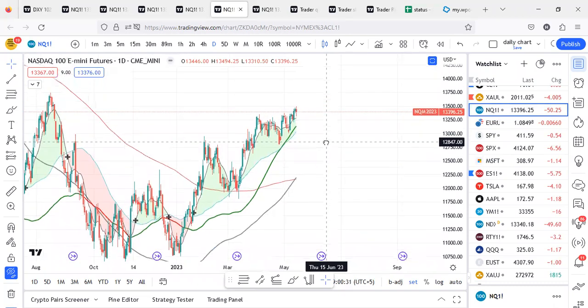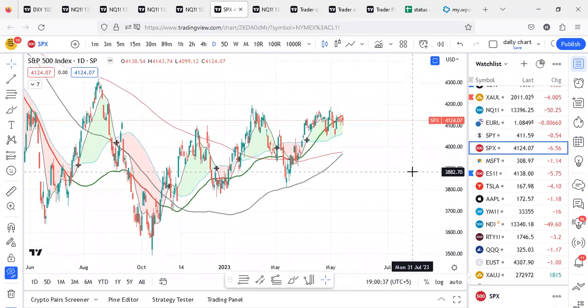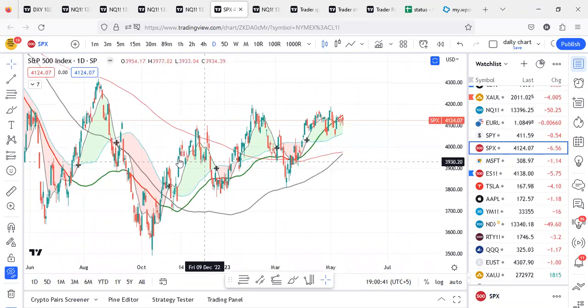Also, I will tell you one more thing, that SPX, because most people trade options, right? So SPX, because it is composed of many, many sectors, it will not follow the Fibonacci rules always.